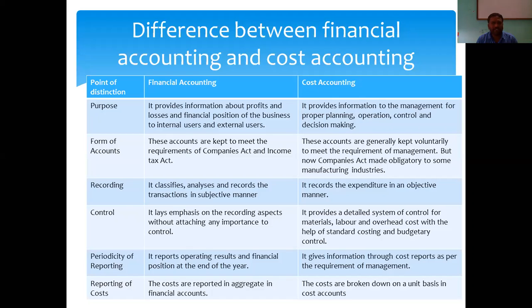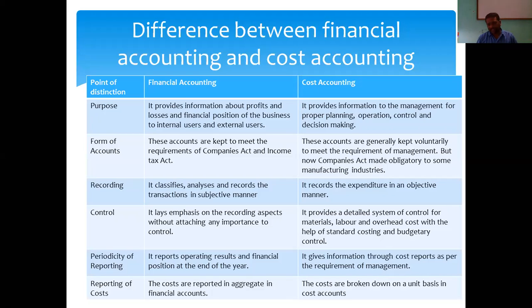Either it may be 31st March or 31st December, either financial year or the calendar year. At the year end, we are going to prepare the financial statements. And the cost accounting gives information through the cost reports as per the requirement of the management. Whenever the management needs, they are going to prepare these reports and submit them to the management.